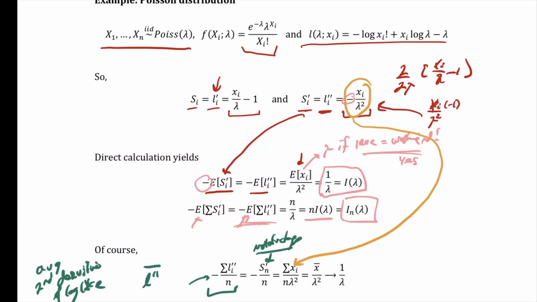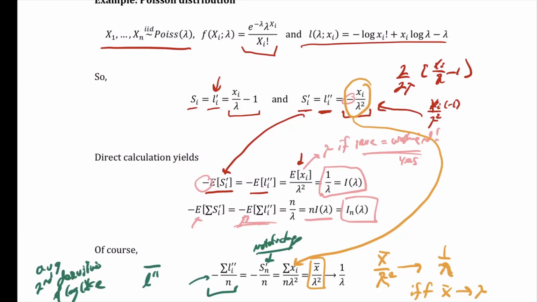The n's cancel and I get this thing: X bar over lambda squared, which will converge to 1 over lambda, but if and only if X bar converges to lambda.